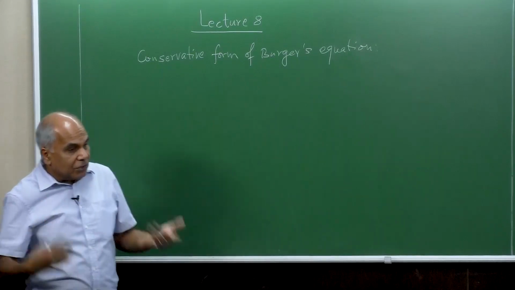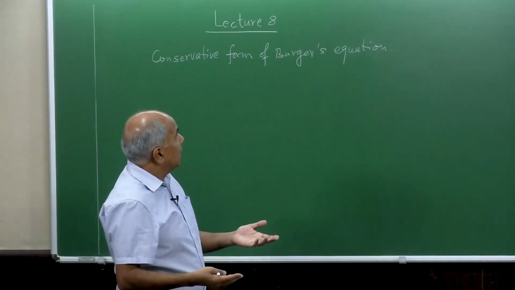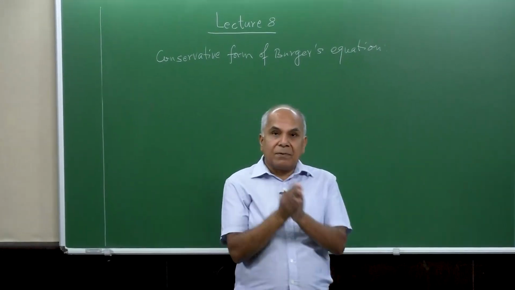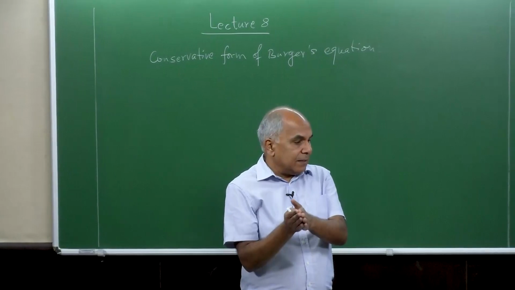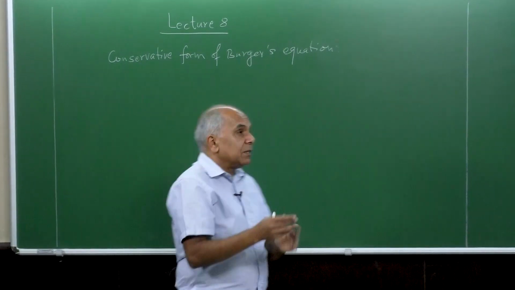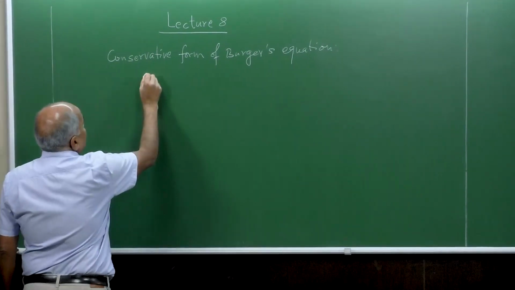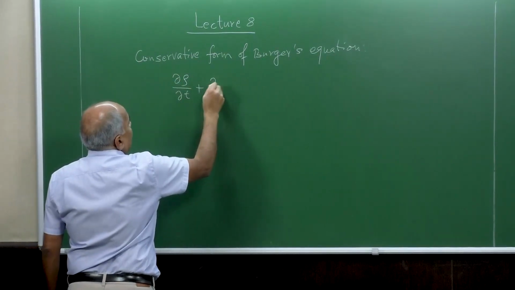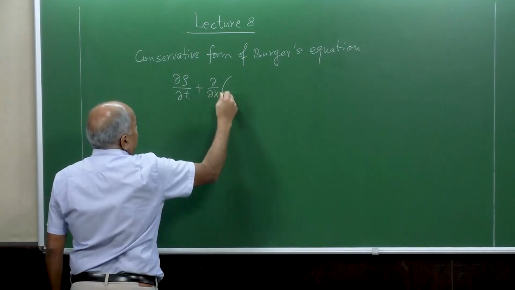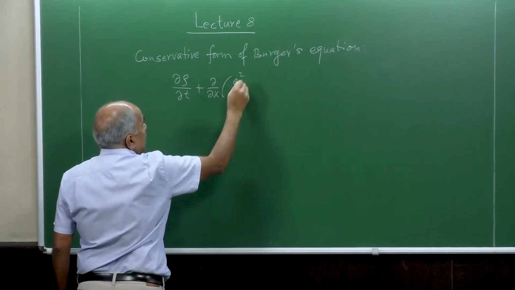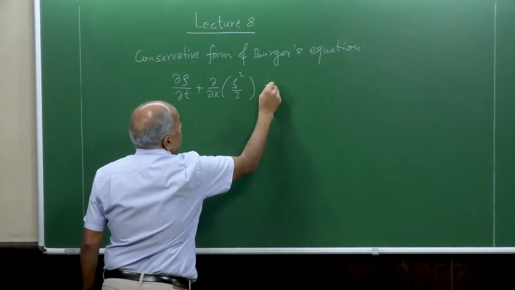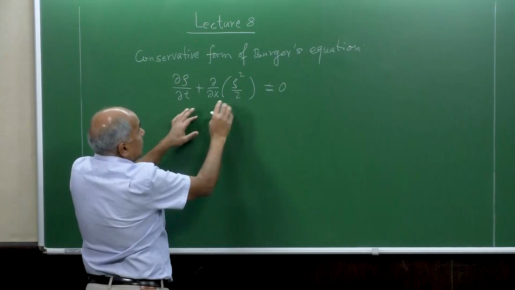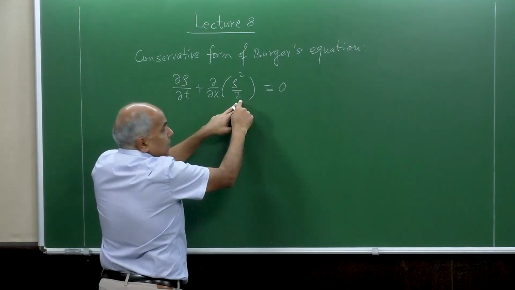Because we are solving the conservation equation, it is better to solve the conservative form, since before we have taken the primitive form. The conservative form looks like del rho by del t plus del by del x of f of rho, where f of rho is rho square by 2, is equal to 0. So this is the conservative form. It is a derivative of the flux function.